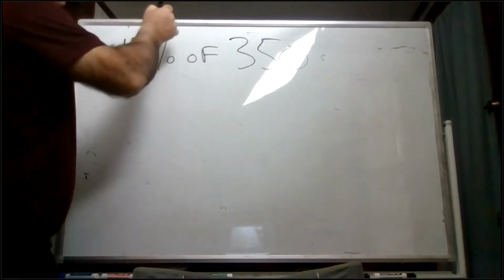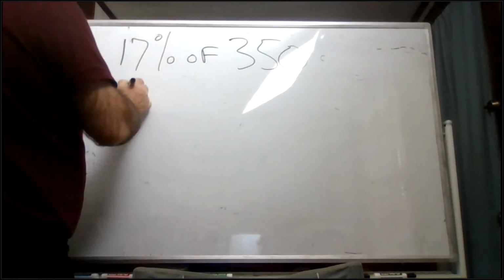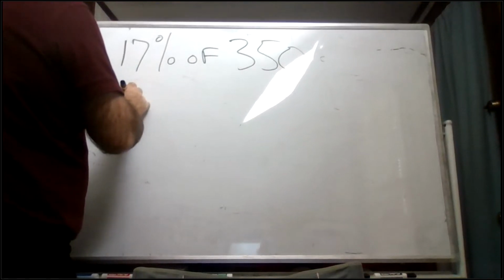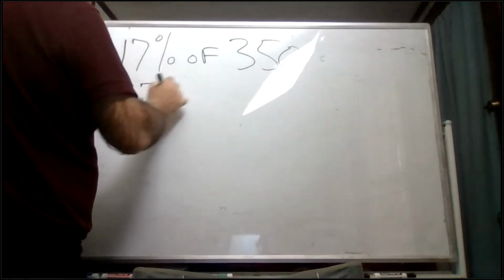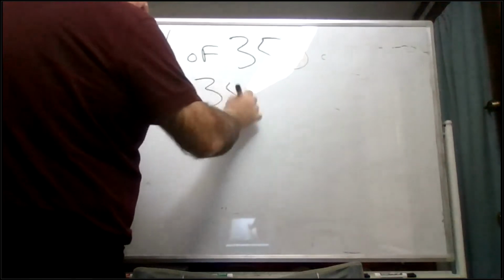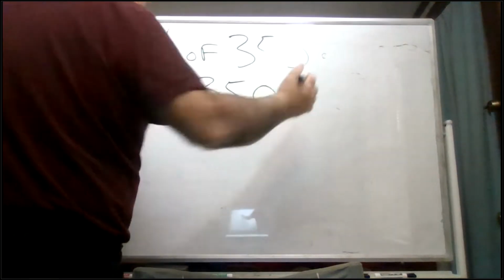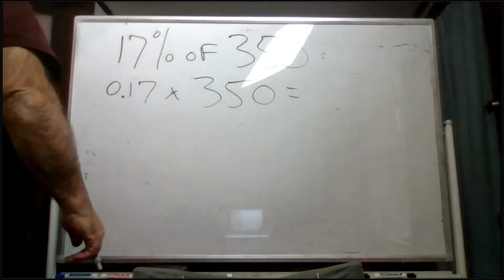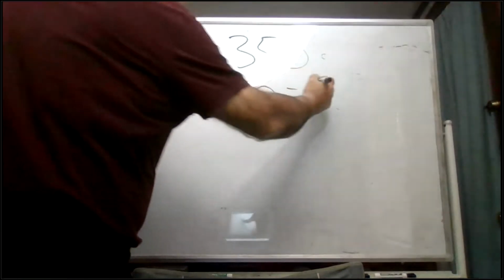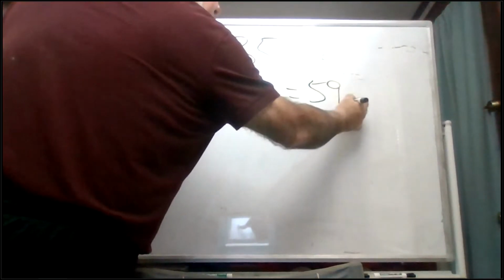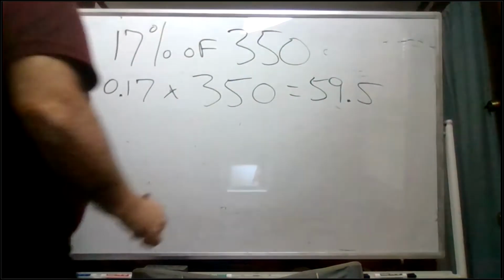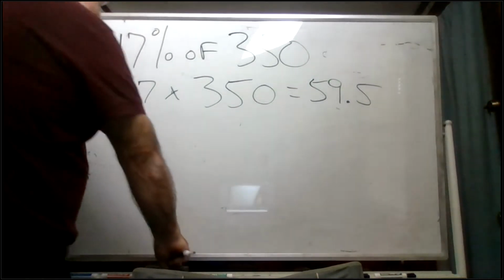Again, that's the same thing. This is per 100. Same thing as 17 over 100, or moving that decimal place to the left twice. The "of" means multiplication. And the answer for that is 59.5. Right? Not too shabby.